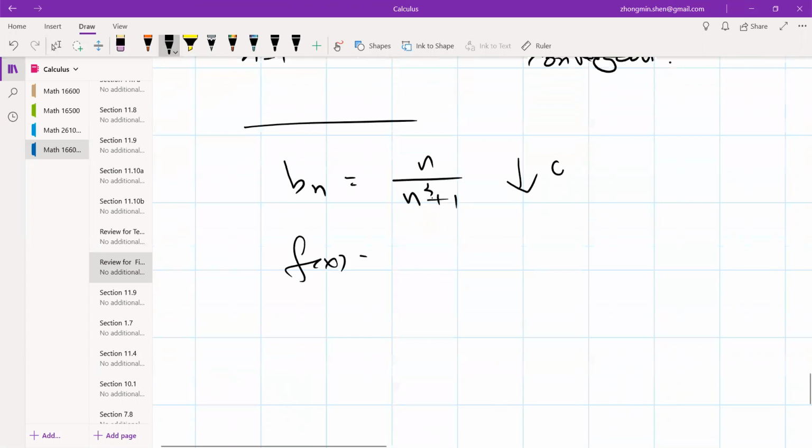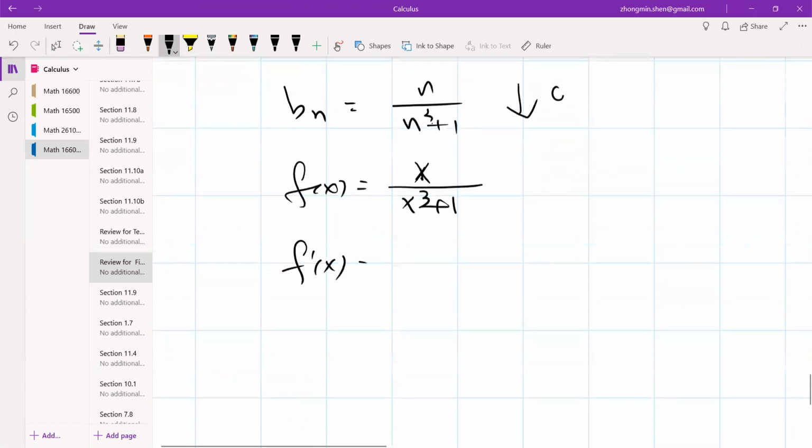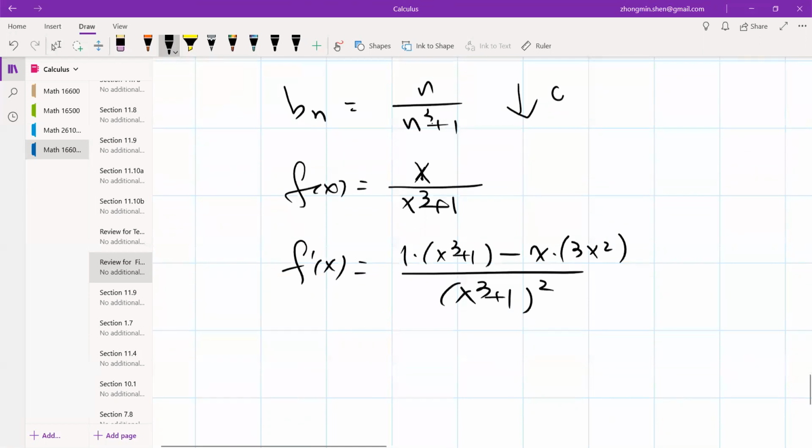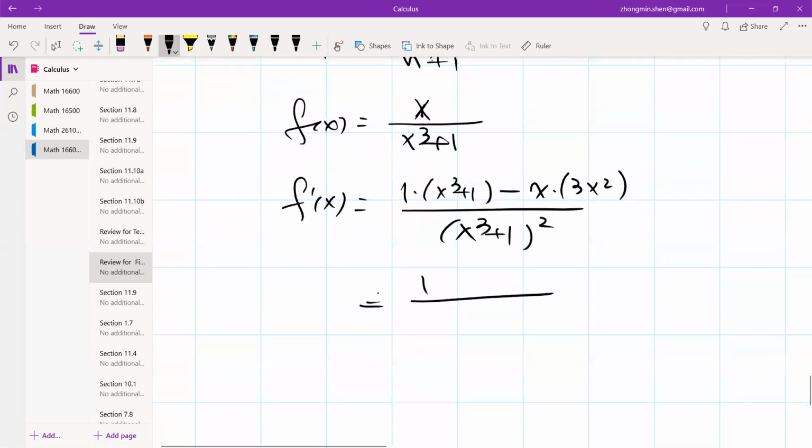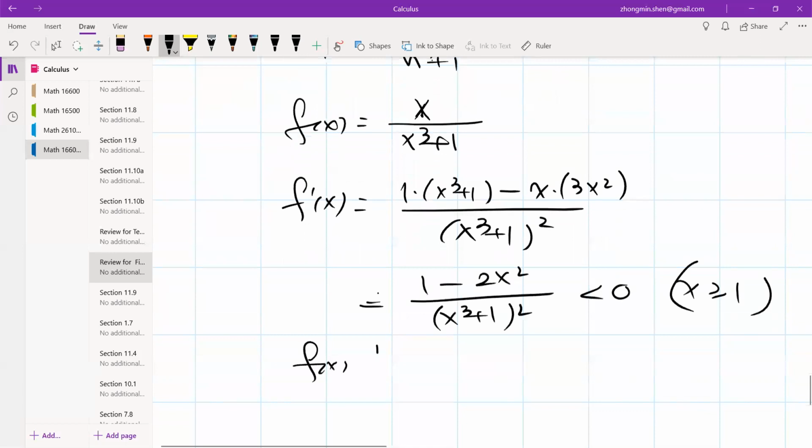You can look at the function x over x cubed plus 1, and find the derivative. Nobody used this method, of course, but I think this works. This is 1 times x cubed plus 1 minus x times 3x squared, and so on. You get the numerator is 1 minus 2x squared. And clearly this is negative when x is greater than or equal to 1. So f of x is decreasing.